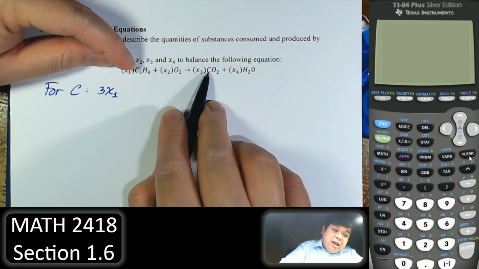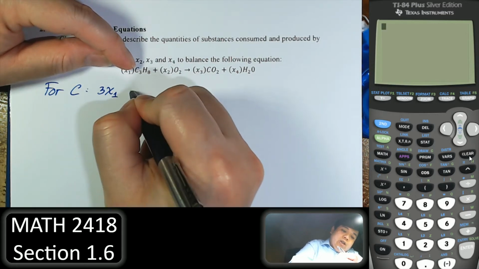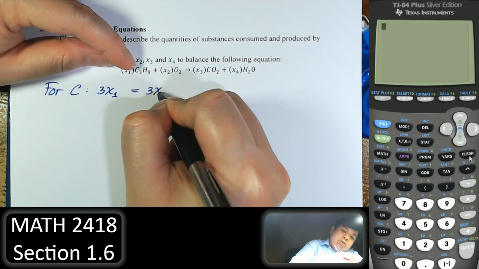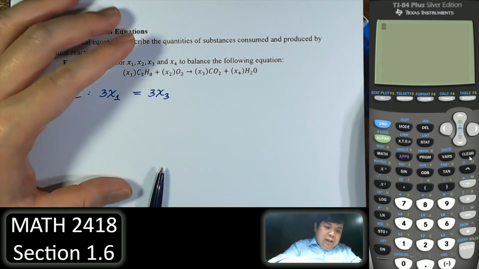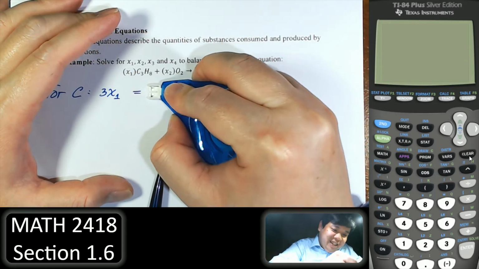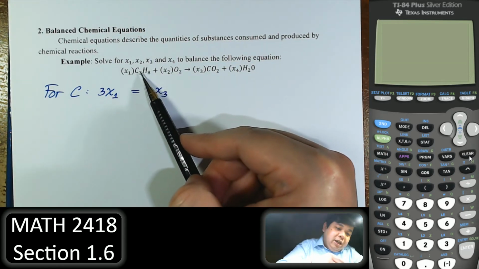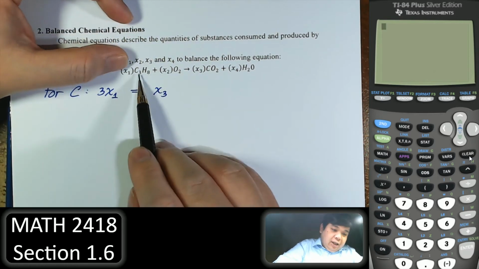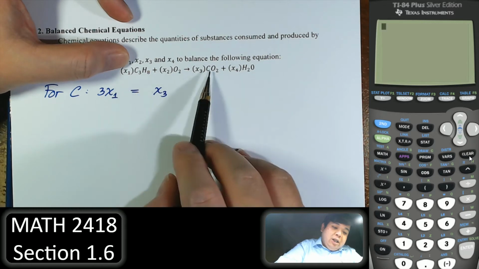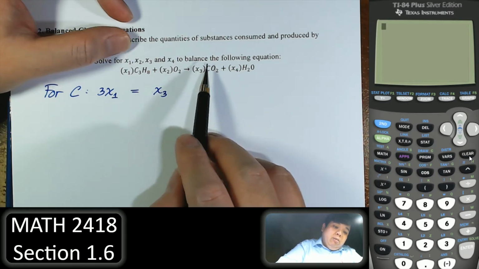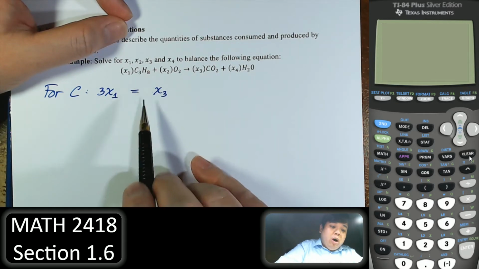On the right hand side there is 1 carbon in carbon dioxide, so we multiply by x3, giving 1x3. So we need 3 times x1 on the left and 1 times x3 on the right.